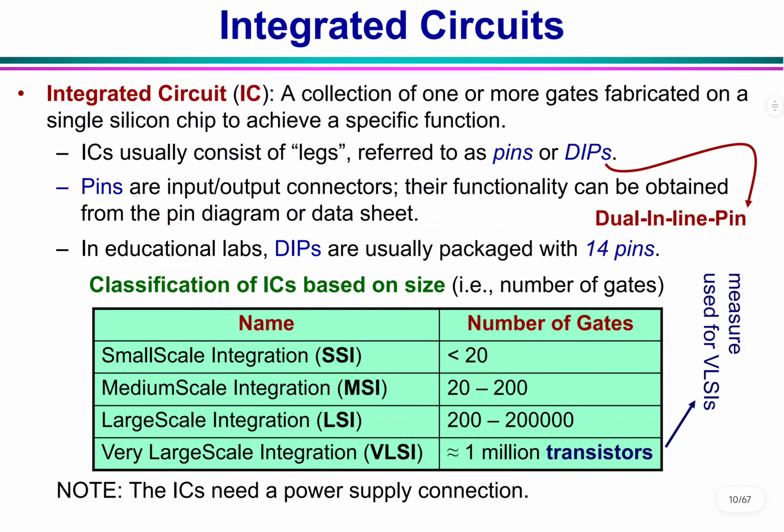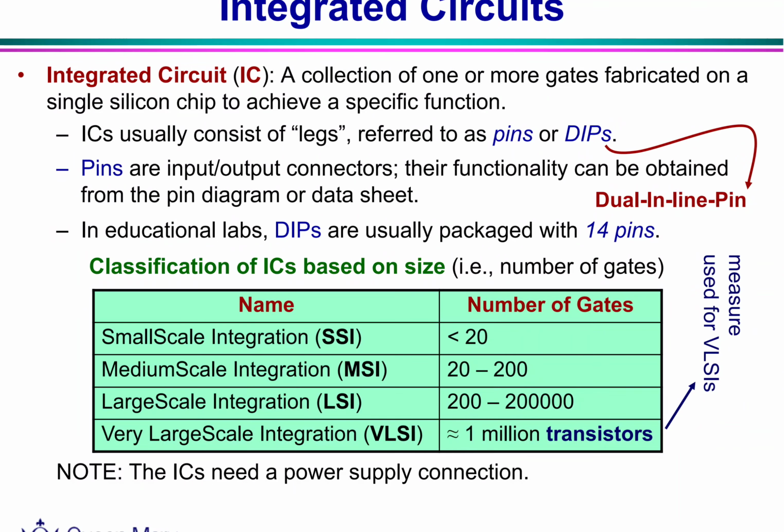Integrated circuits, or ICs, are collections of one or more gates. We consider legs, pins, DIPs, and scales of integration, such as small scale integration, up to very large scale integration, around 1 million gates.